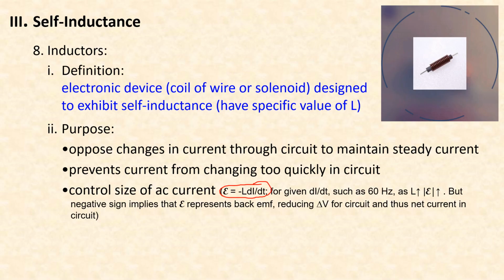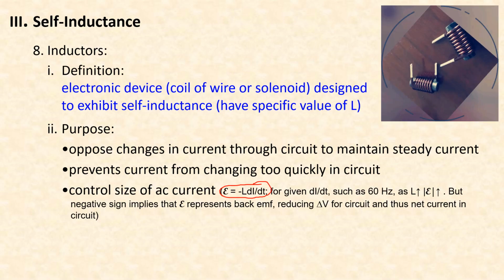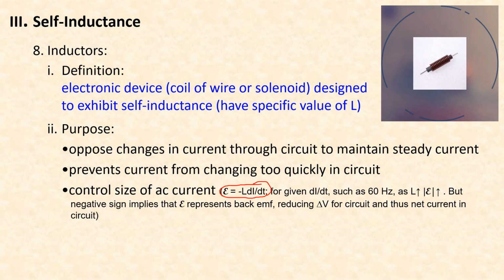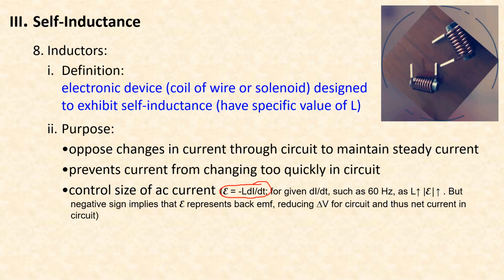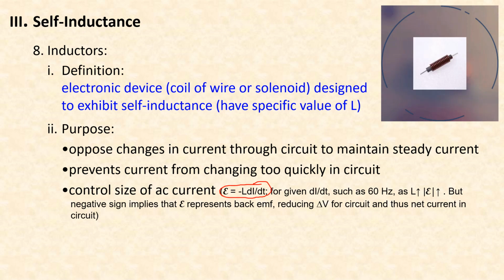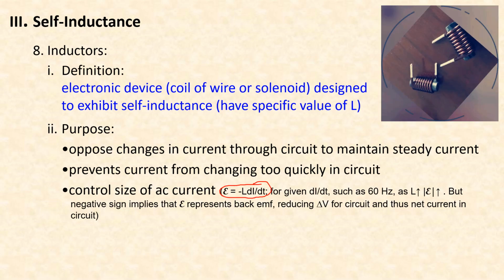But since the negative sign in Faraday's law represents a back EMF, it implies that a back EMF is being generated. This tells us that the overall voltage will be reduced, and thus the net current in the circuit will be reduced because of this back EMF.